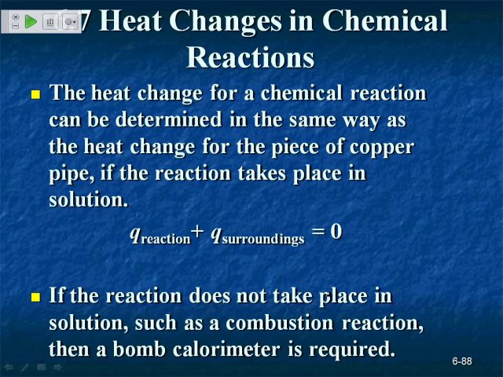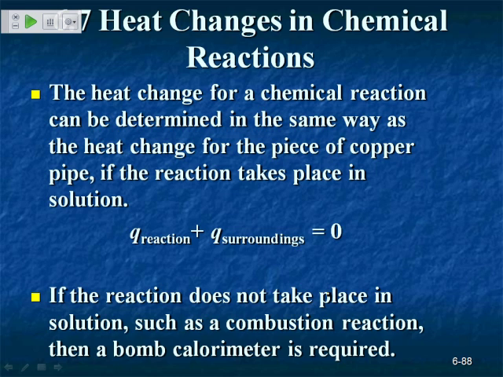Okay, now, so far we were just talking about heat changes between an object and water, specifically metal pieces. Now, how about heat changes in chemical reactions? If you want to measure how much heat was released by a chemical reaction using a calorimeter, what would you do? It works on the same principle.